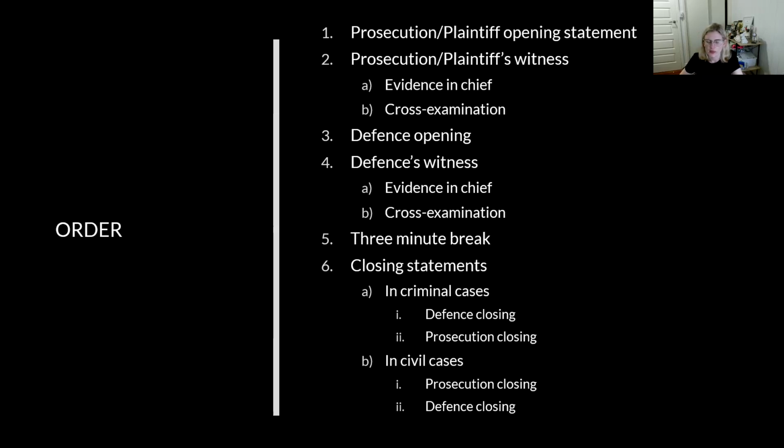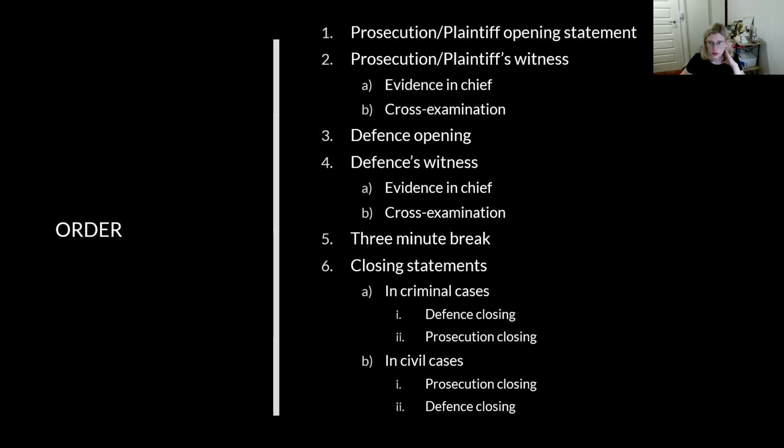So where a prosecution gives closing first and then defence, the actual way that it works in court is that if a criminal accused gives or calls evidence, then the defence goes first in closing. Giving or calling evidence means that they have a witness who gives evidence on their behalf, or they do it themselves. It doesn't mean that they have to personally give evidence.